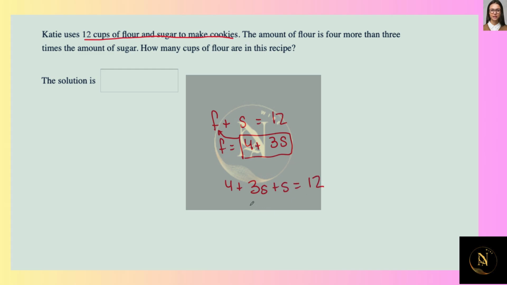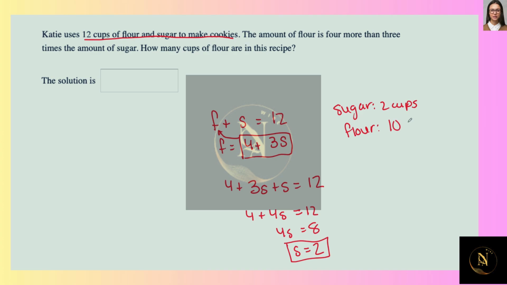So I have 4 plus 4s equals 12. 4s equals 8 and s equals 2. So sugar is 2 cups, and that means that flour is 10 cups.